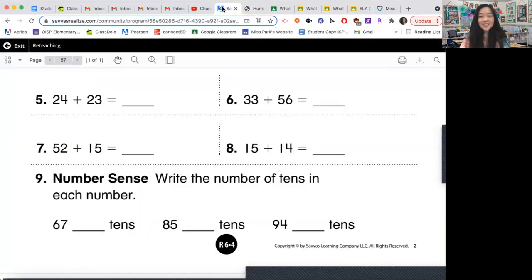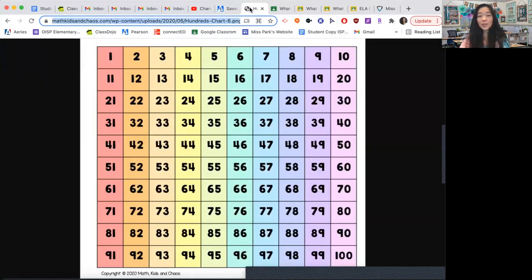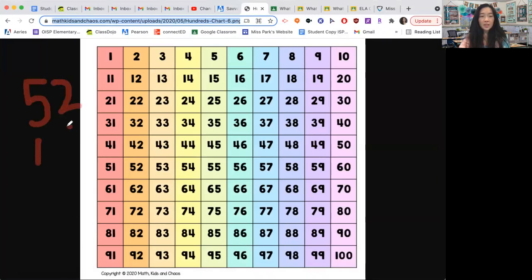All right, next question, 7. 52 plus 15. 52 plus 15. Start at 52, circle it. Count on by tens. 1. Count on by ones. 1, 2, 3, 4, 5.